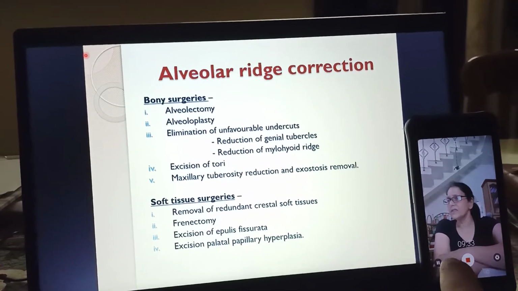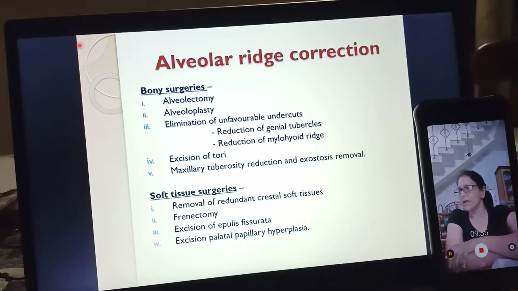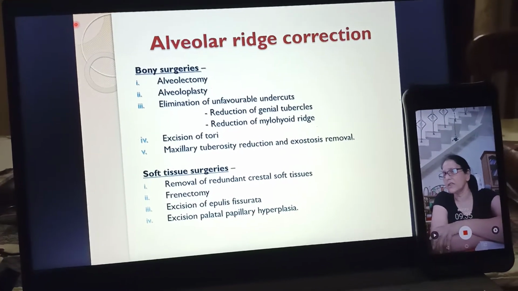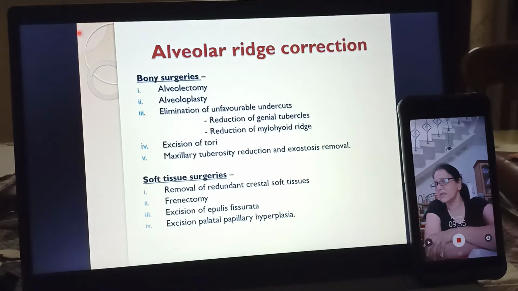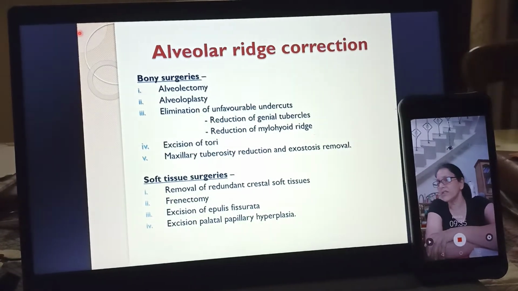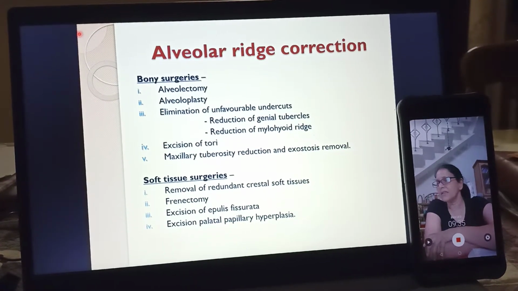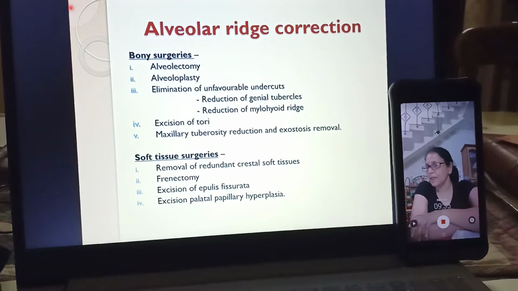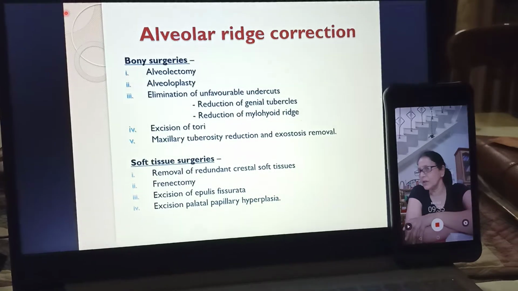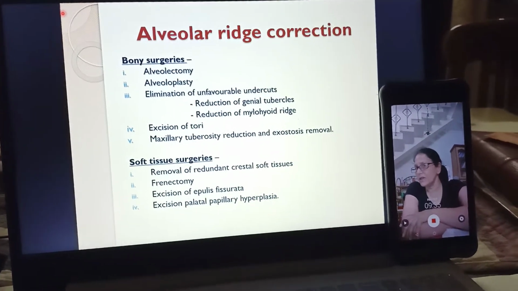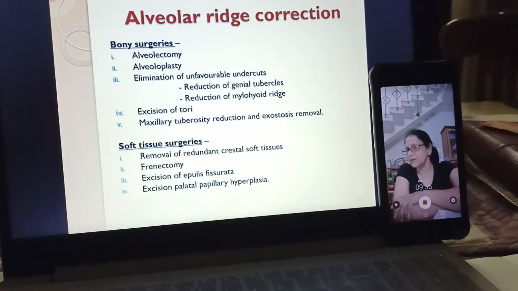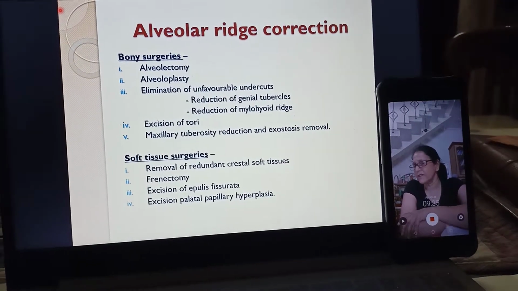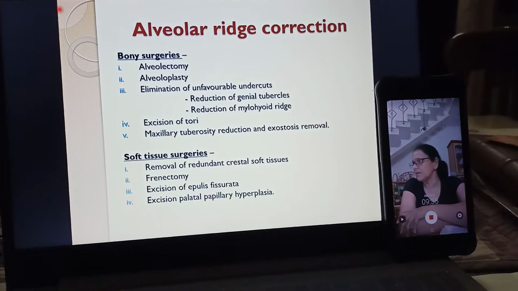Bony surgeries are alveolectomy, alveoplasty, elimination of unfavorable undercuts, reduction of genial tubercles, reduction of mylohyoid ridge, excision of tori, maxillary tuberosity reduction, and removal of exostosis. The soft tissue surgeries will include removal of redundant crestal soft tissue, frenectomy, excision of epulis, and excision of palatal papillary hyperplasia.